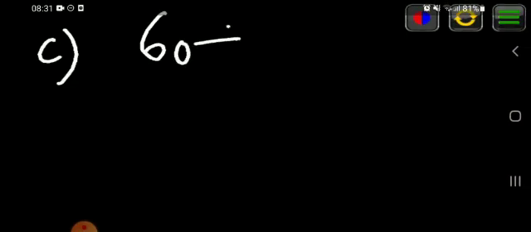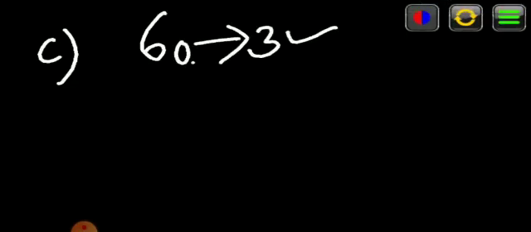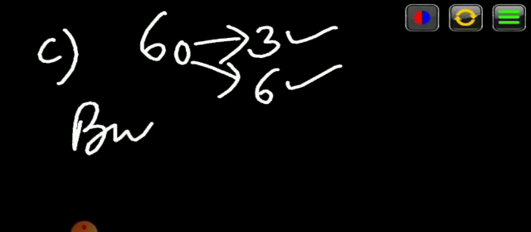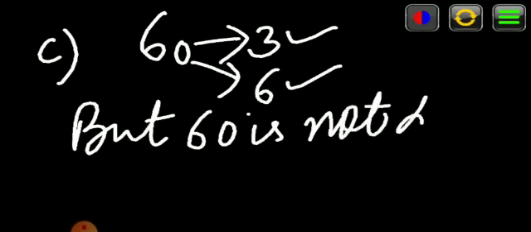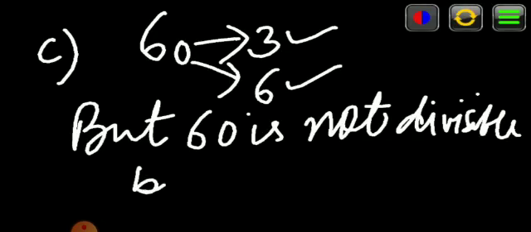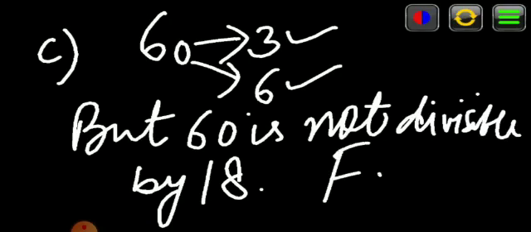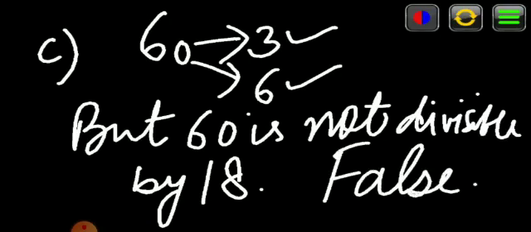Like if I take 60, you people know that 60 is divisible by 3 and 60 is divisible by 6 also, but 60 is not divisible by 18 because it is not coming in the table of 18. So here in this example the statement becomes false. It is not always true that a number is divisible by 18 if it is divisible by both 3 and 6.